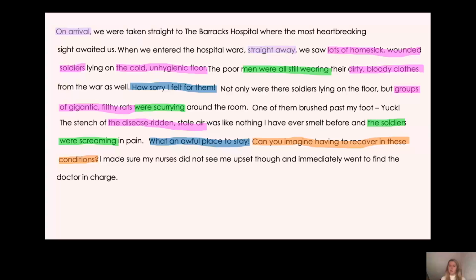So I have used "and" here, which remember is one of our coordinating conjunctions. We looked at that when we looked at the bubble story. And then I've got "immediately," which is an adverb of time. You could say straight away or within seconds. There's lots of different adverbs of time that you could use to describe when I went to find the doctor in charge, the person running the place.